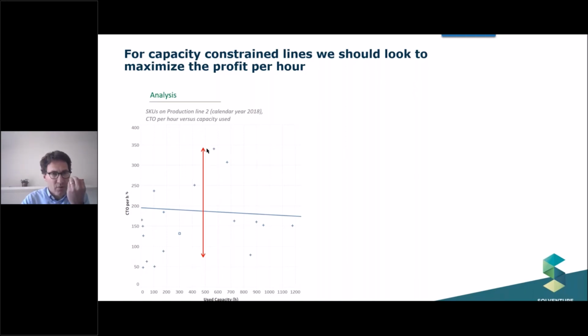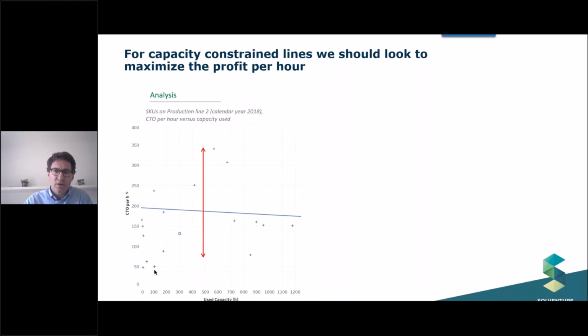Do I prefer to plan this SKU, which brings me 350 euro for 1 hour? Or do I plan this SKU, which is only bringing me 50 euro an hour? Bringing it that way, you can help your organization think about how am I going to set priorities?